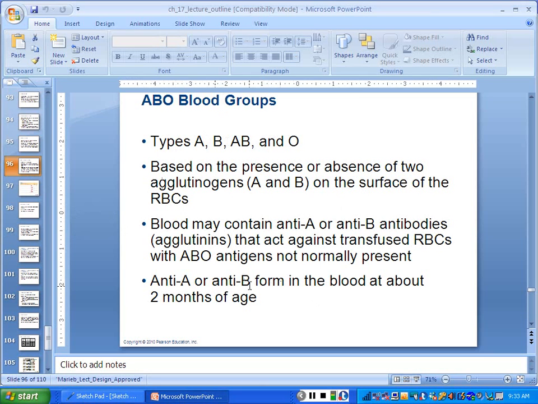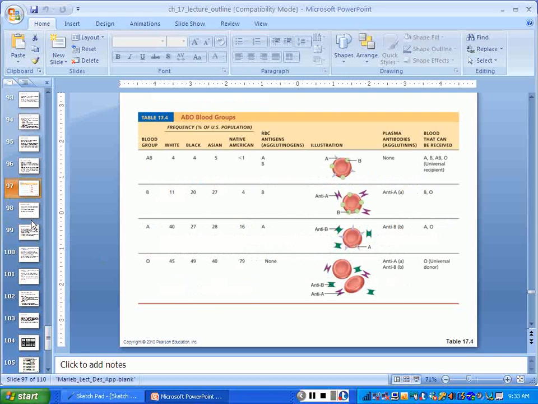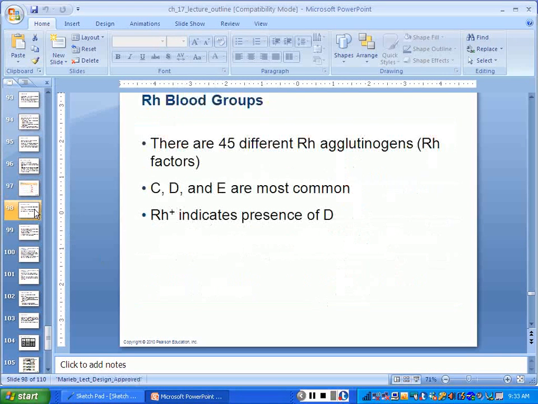Okay, notice anti-A and anti-B, the antibodies form in the blood around 2 months of age or so. It's not exact. The RH factor, or RH blood groups, are different.